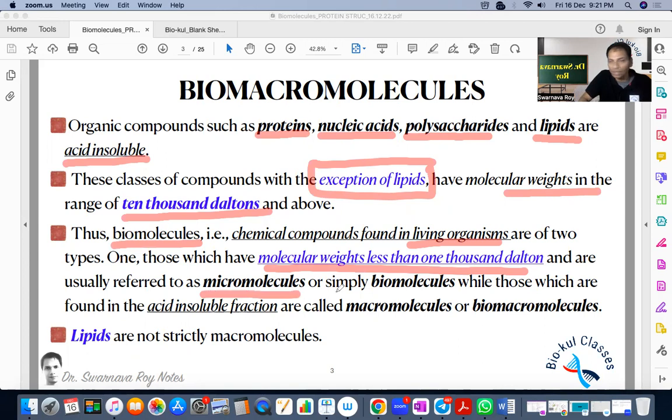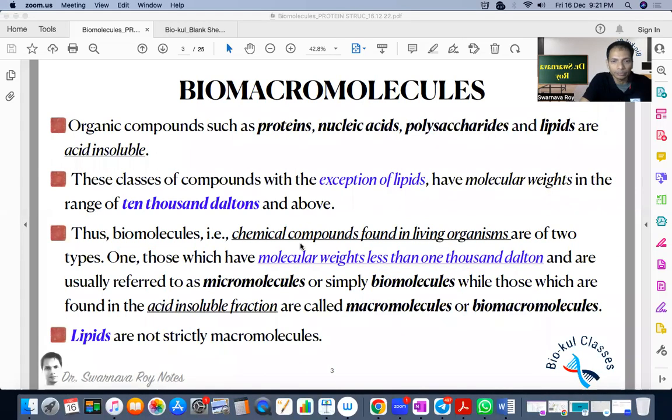These are called micromolecules, or simply biomolecules. The other category is called the macromolecules or biomacromolecules, and they have a molecular weight above 1,000 daltons.